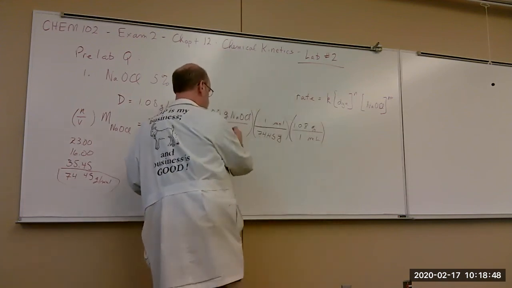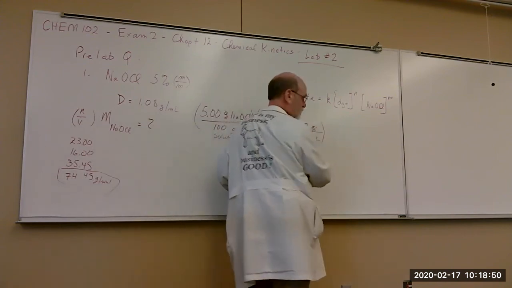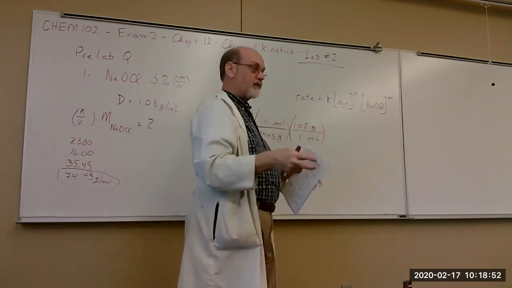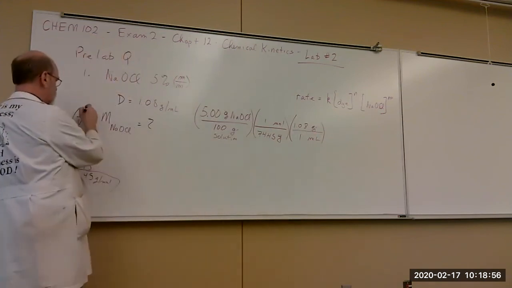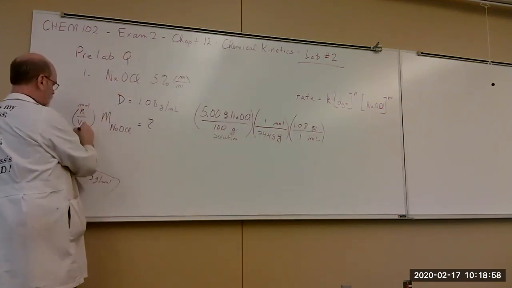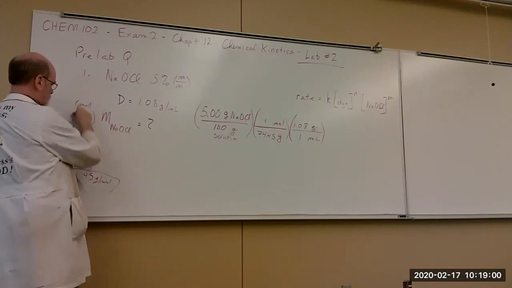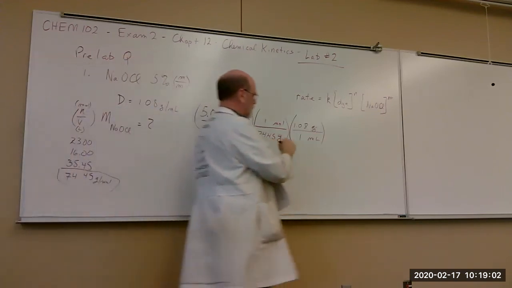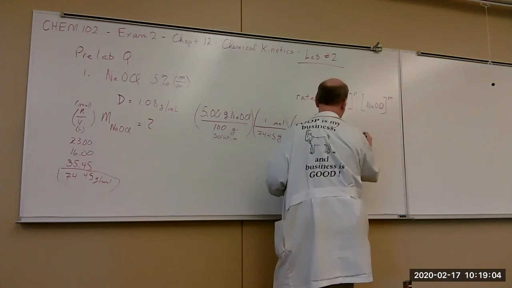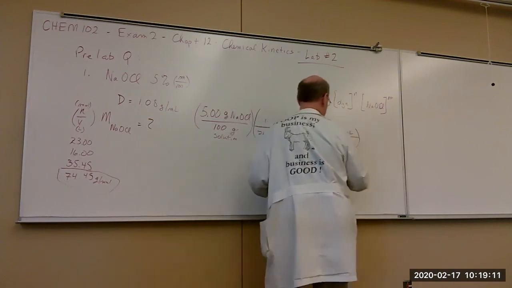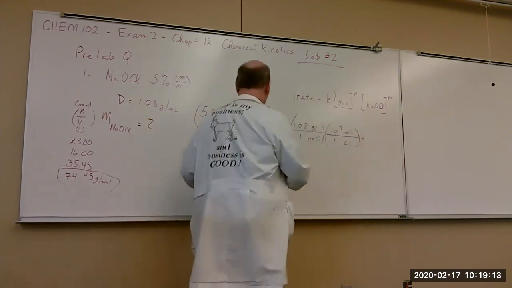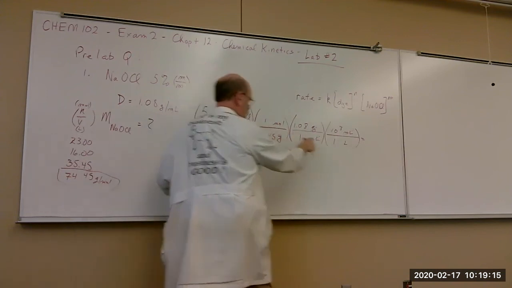So that gets rid of these grams here, these grams, and these are milliliters. Now we got volume, but we have the wrong volume. We need liters, right? Because this is moles, and this is liters. So this has to be converted to liters. Now that should give us moles per liter.